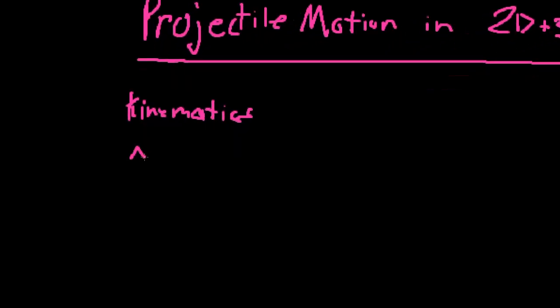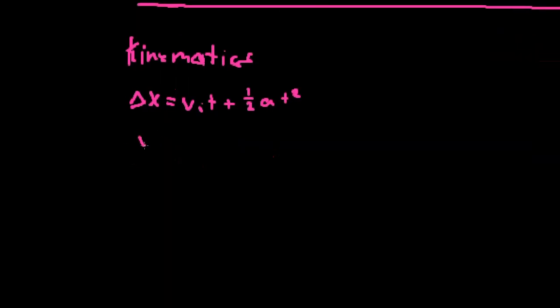Our first equation can be represented as the change in x equals initial velocity times time plus 1/2 acceleration times time squared. Our next equation can be represented as the final velocity equals our initial velocity plus acceleration times time.